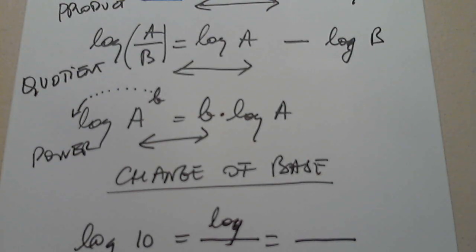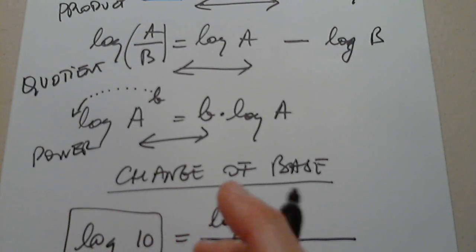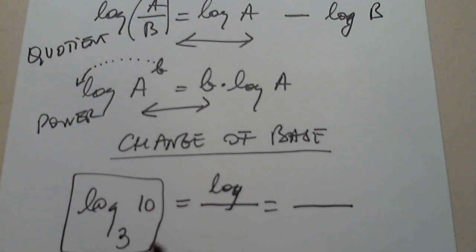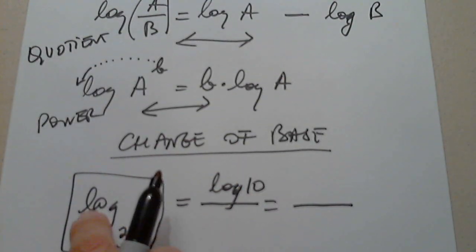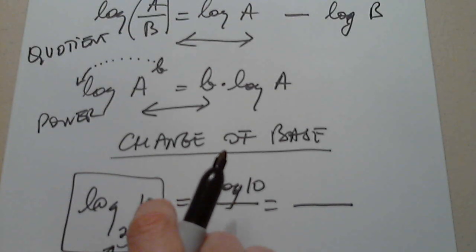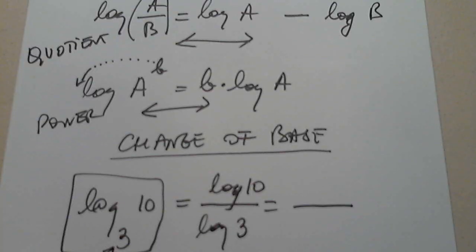I will use the ones that I have in the calculator, although I'll show you that now the calculators are so sophisticated that they allow us to put in the base we want. In the past, that was not possible. But the formula says if I want to change into log 10, I have log 10 applied to the number over log 10 applied to the base.